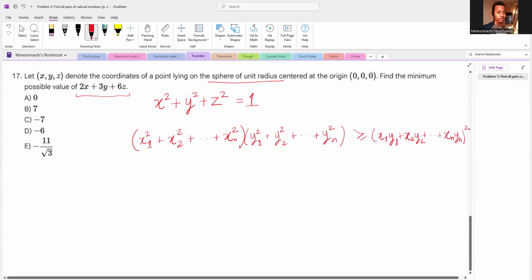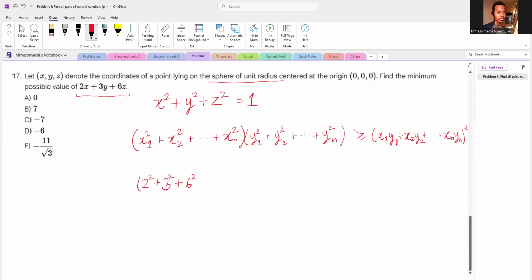If we apply this here, what do we have? You can see that 2 squared plus 3 squared plus 6 squared, multiplied by x squared plus y squared plus z squared.